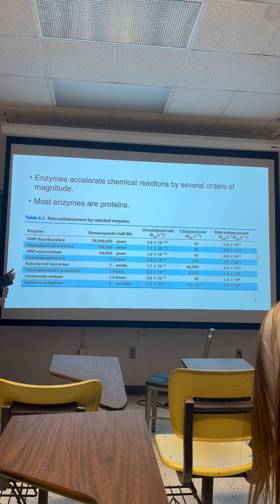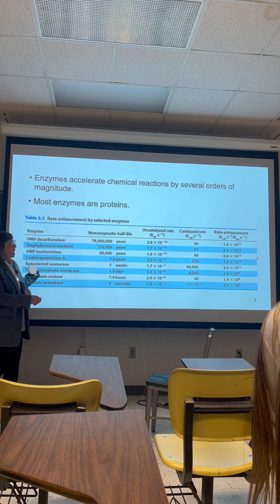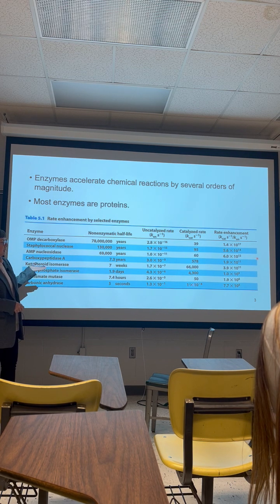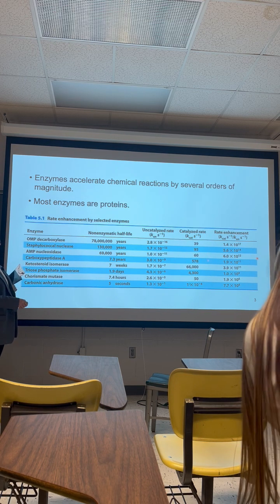Uncatalyzed, catalyzed. Rate enhancement is when you take this number in the presence of the enzyme and divide by this number. You take this, divide by this, take this, divide by this, and you have the rate enhancement.